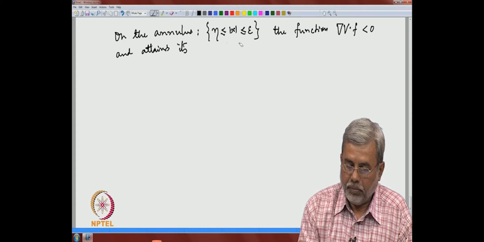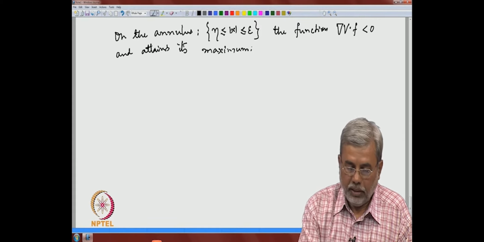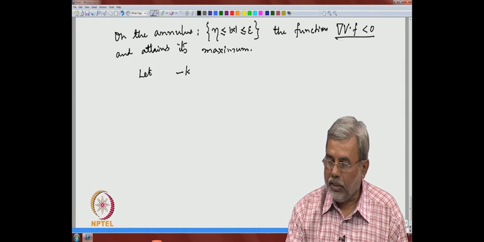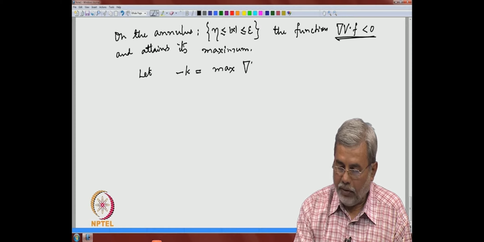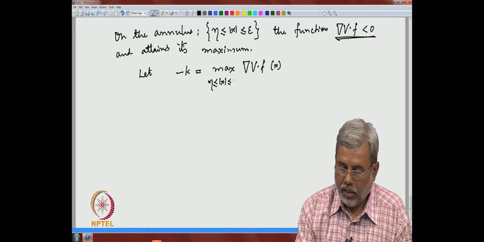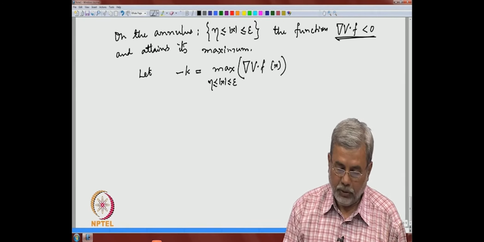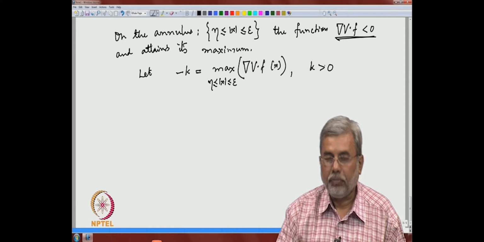I want to put a notation for that: let minus k be the maximum of grad v dot f at x, with x taken only on this annulus. That is a continuous function on a compact set, so it will have a maximum, and since it is negative, k is strictly positive.